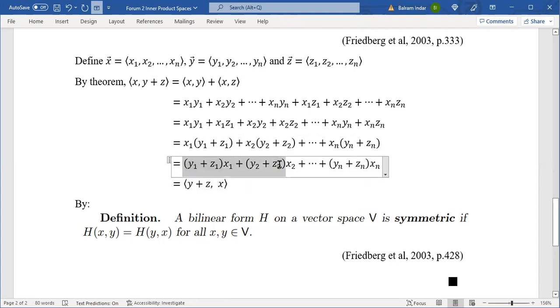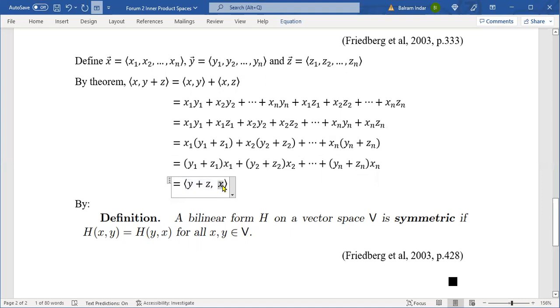Now, what that means, if we are to transform this into a vector component form, generally we notice that we're dealing with y adding to z components, as seen in the first part here. And then I'm multiplying that by the component from the second vector, which is x sub 1.